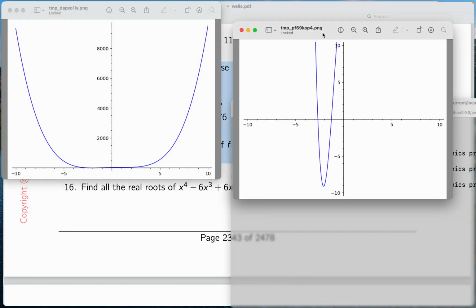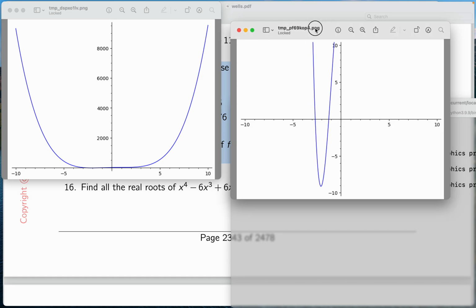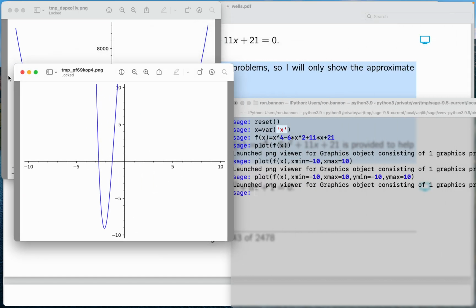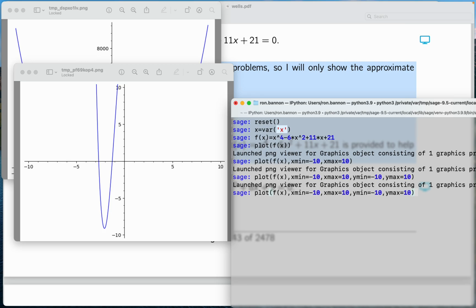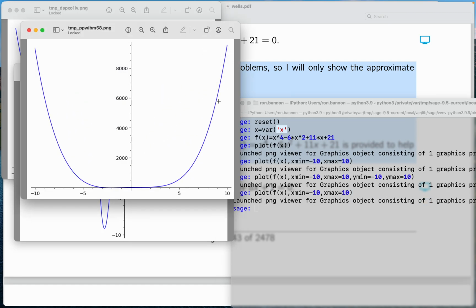I want to look at those two, right? Kind of remarkable, isn't it? That this and this. Let me go back and look at that again, all right? I'm seeing that.